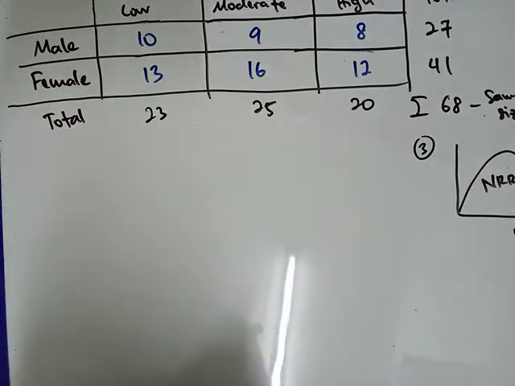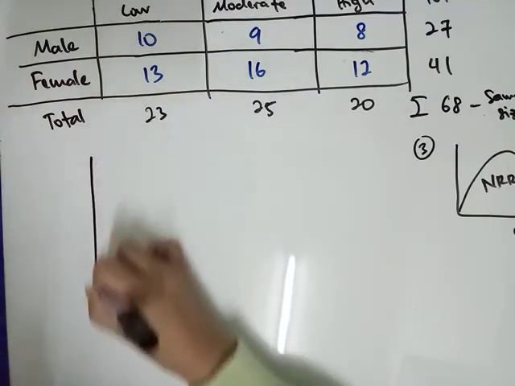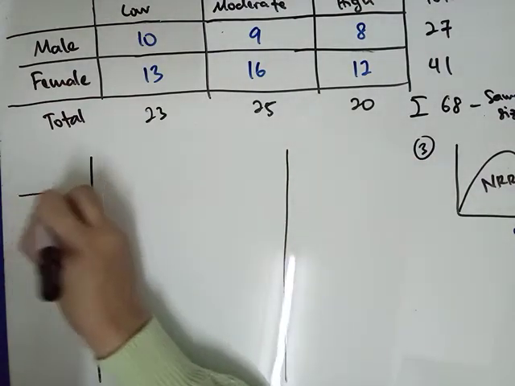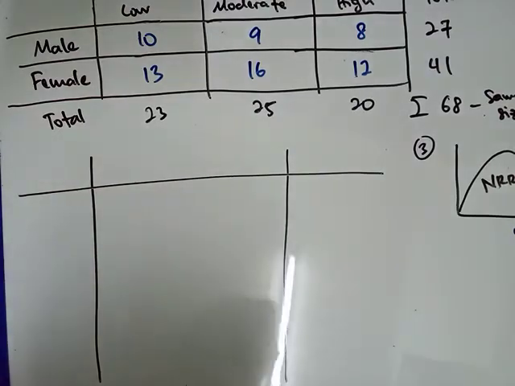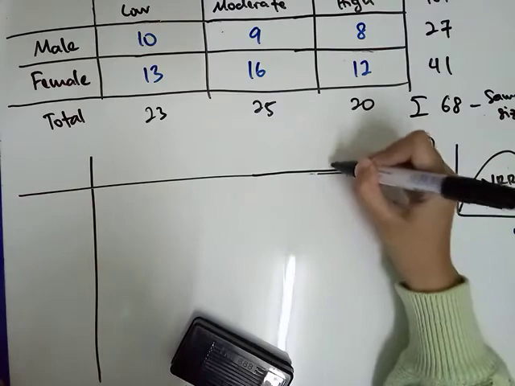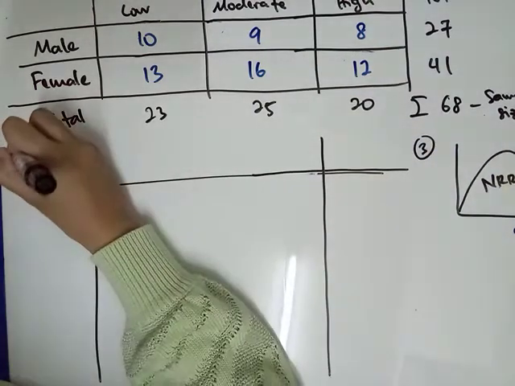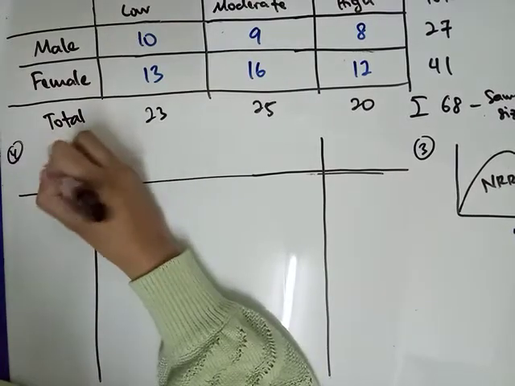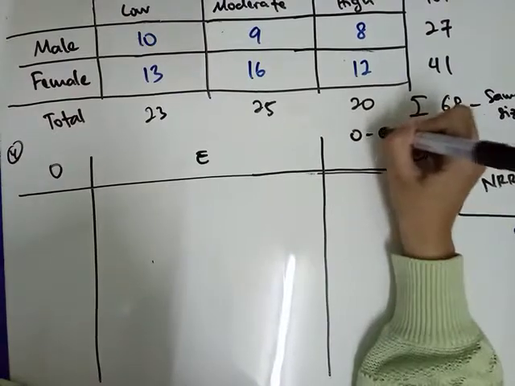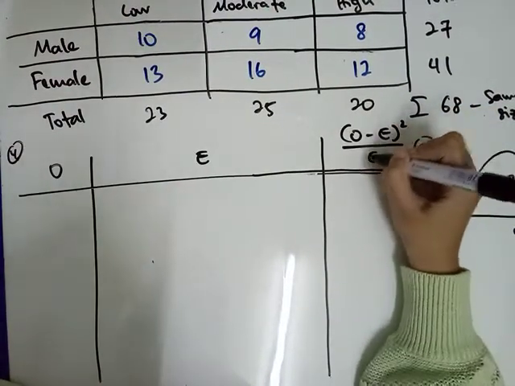I want to make a table. So this is step 4. This is O, E, and then this is O minus E power 2 divided by E. What is O?